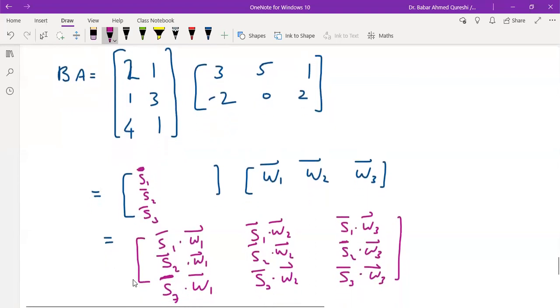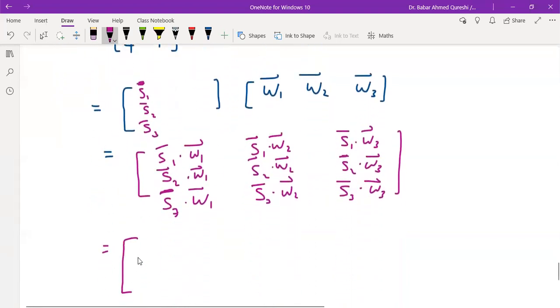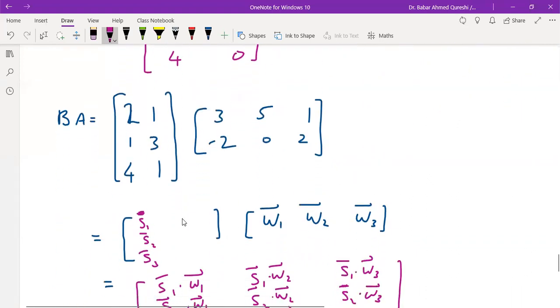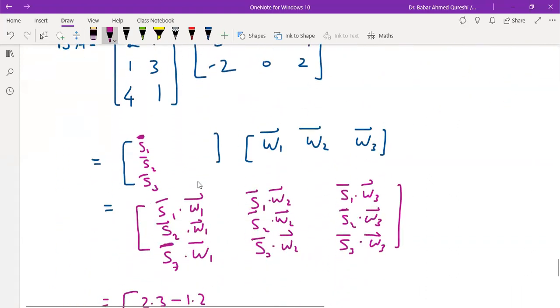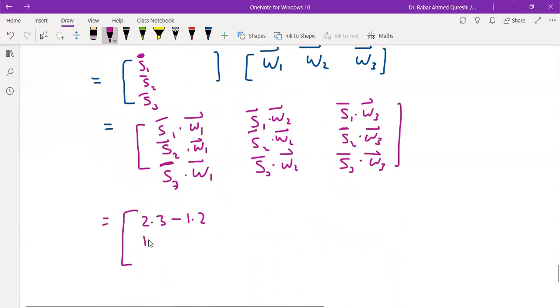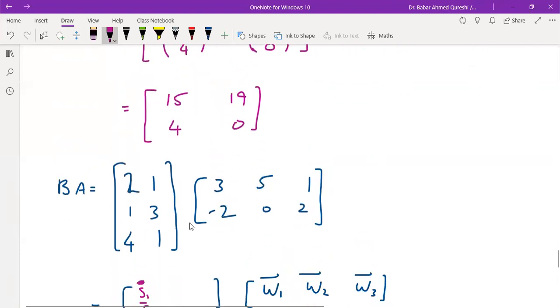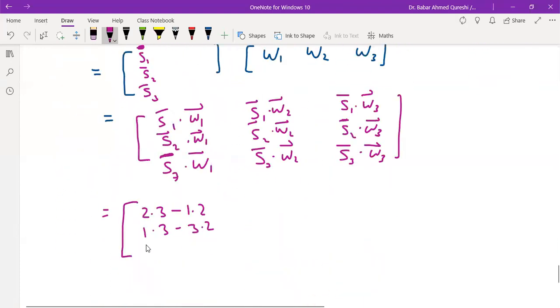Two into 3 and 1 into minus 2. Then 1 into 3, 3 into minus 2. Then 4 into 3 and 1 into minus 2.